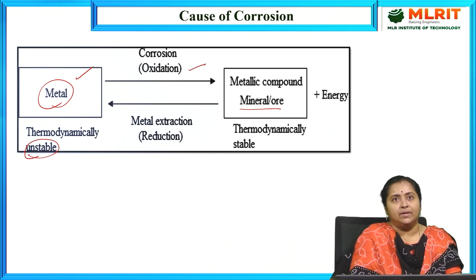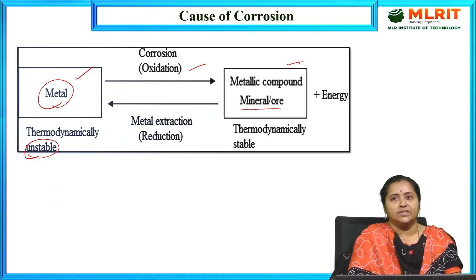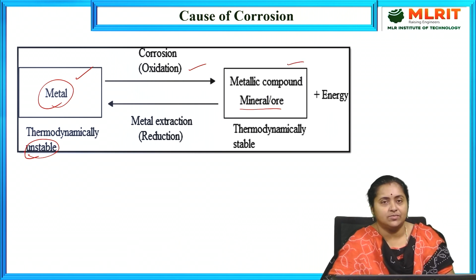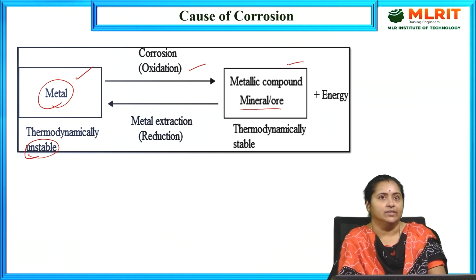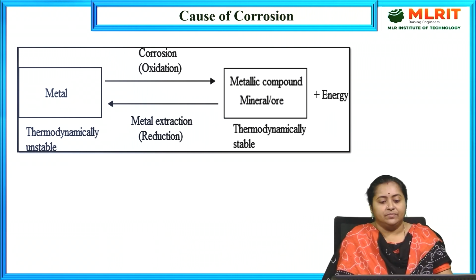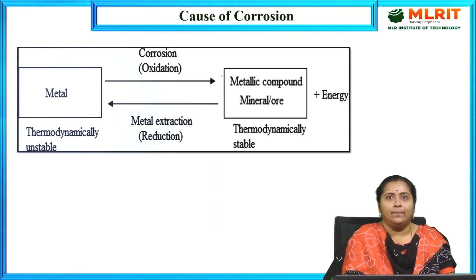That means by losing electrons, they undergo oxidation to convert into their impure form, that is the ore, the original form. This reaction is what we call corrosion reaction, which is the reverse process of reduction.